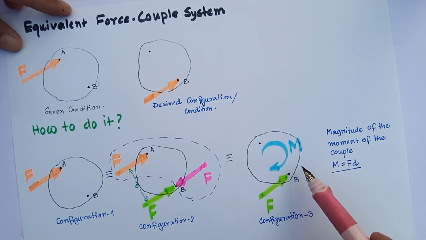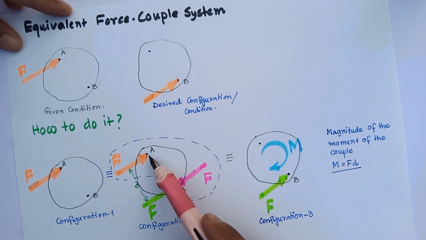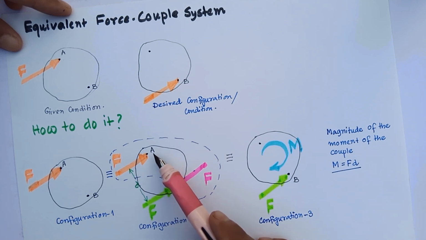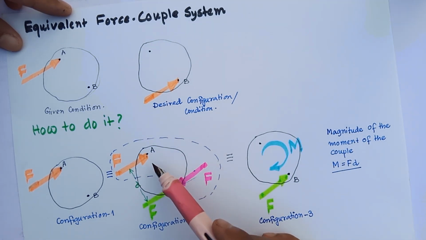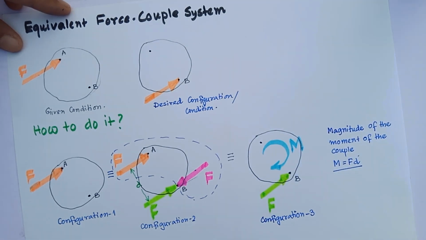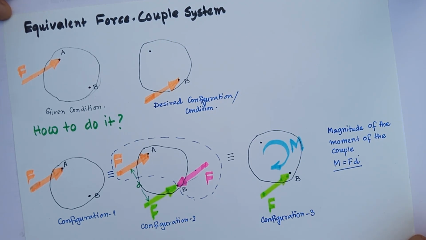The magnitude of the couple is related to the force and the perpendicular distance between the points along the parallel force direction. That means if we draw two parallel lines, then the distance between the two parallel lines is d.